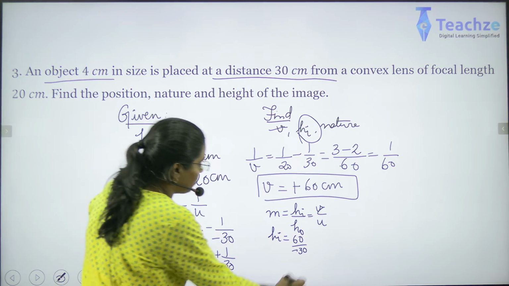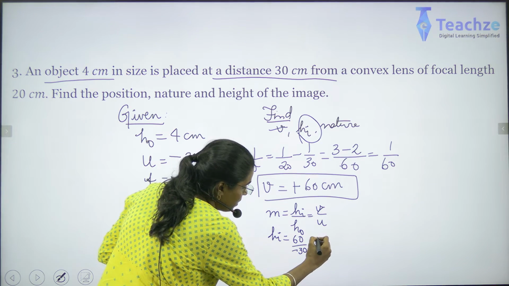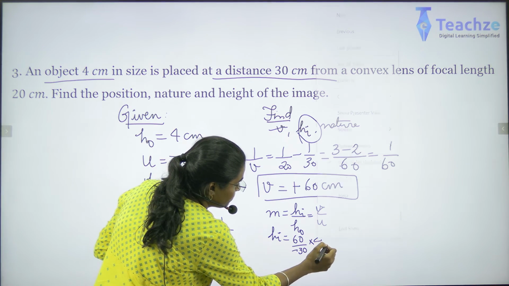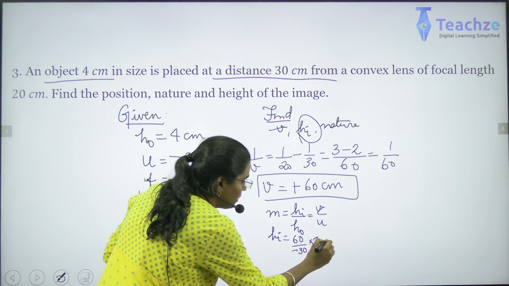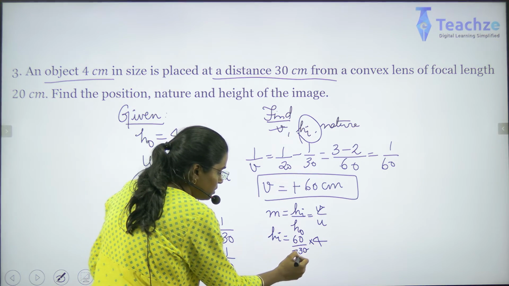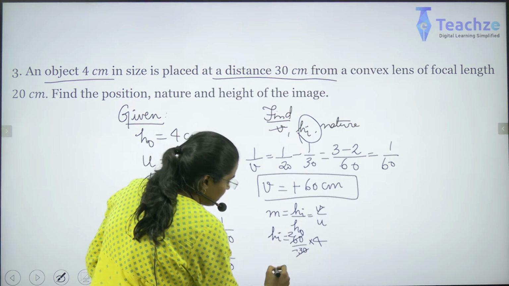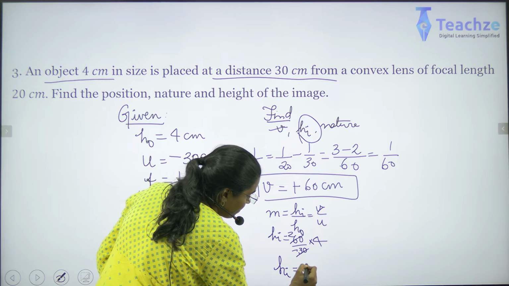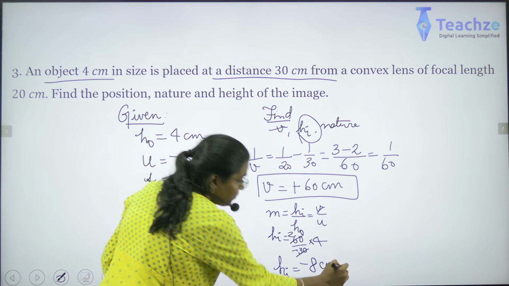And what about your HO? It will be multiplied by 4, right? Yeah, it is 4. So when you do this, this will be 2 and there is a minus. So HI will be minus 8 centimeter.